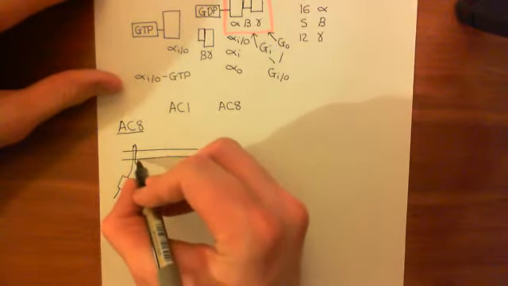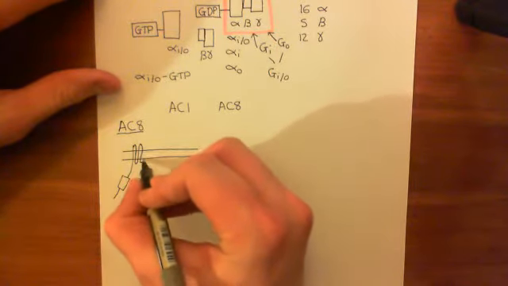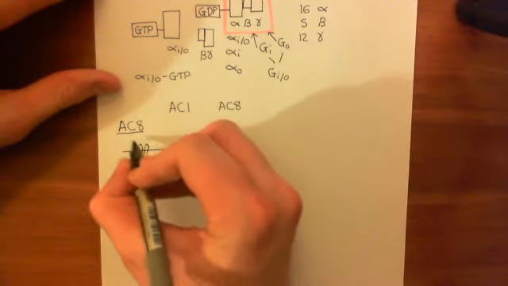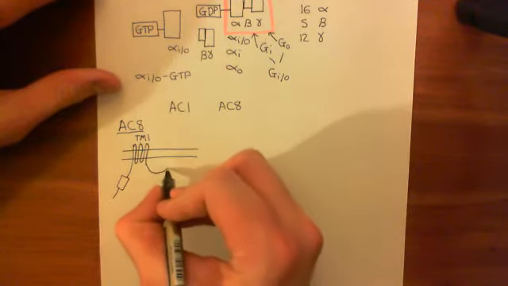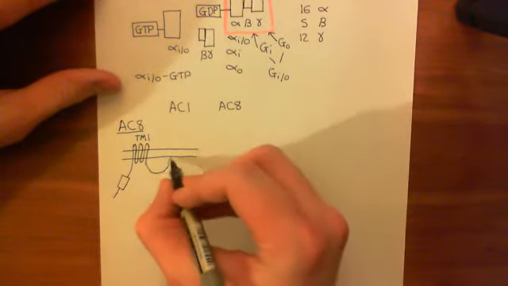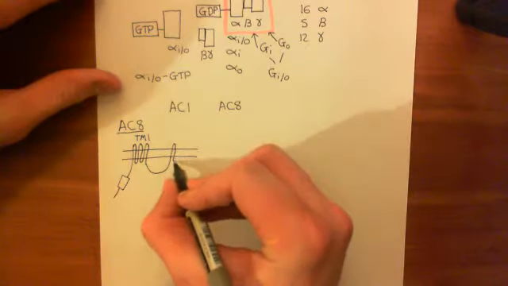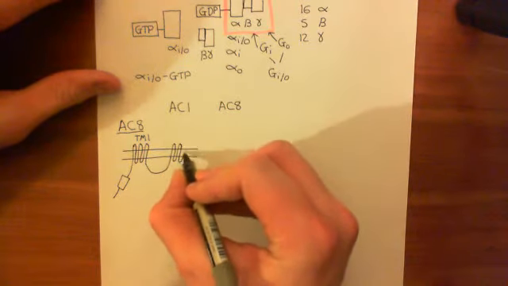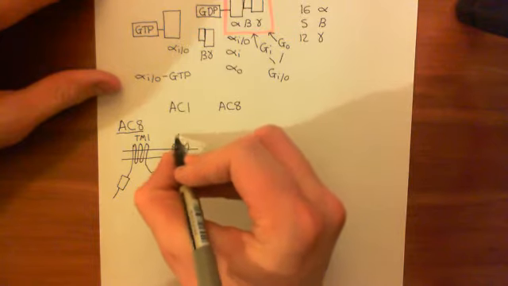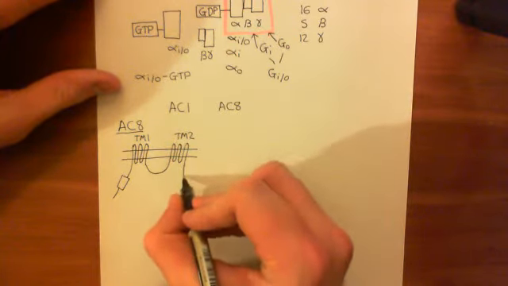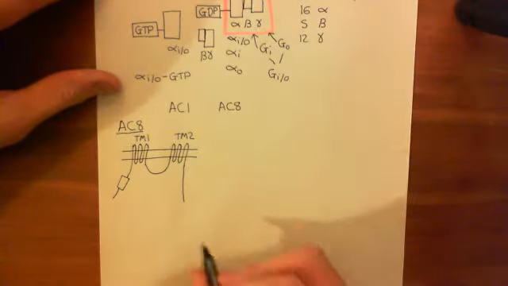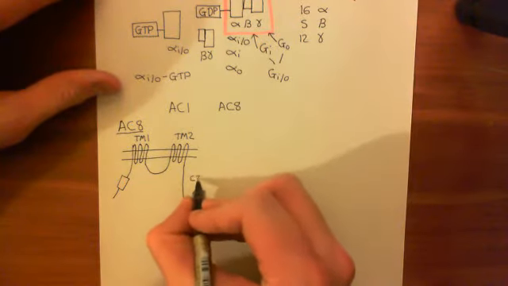Then it has 6 membrane-spanning alpha helices clustered together in a domain known as transmembrane domain 1, or TM1 for short. Then it has a loop connecting this transmembrane domain 1 to a second transmembrane domain, which again has 6 membrane-spanning alpha helices, and this is called transmembrane domain 2. And then finally you have a carboxyl terminal domain, which is called the C2 domain.